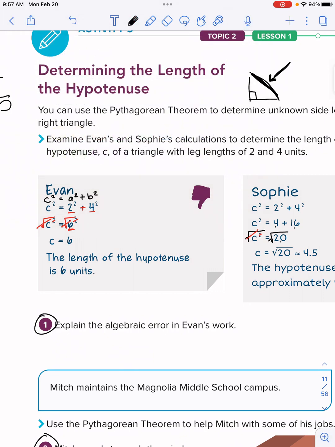Evan did not follow order of operations, which is GEMDAS. He was supposed to use the exponent first before adding, where he added before he did the exponent.